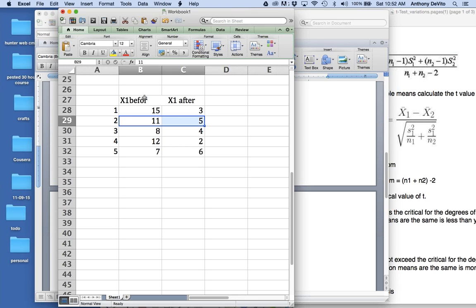And this gives me much more power, because if I were looking at a group of people that were independent, that weren't the same people before and after, they could be vastly different, with different weights, heights, BMIs.